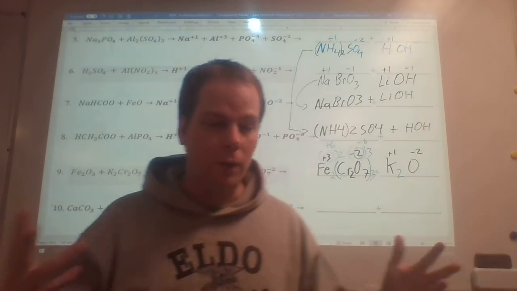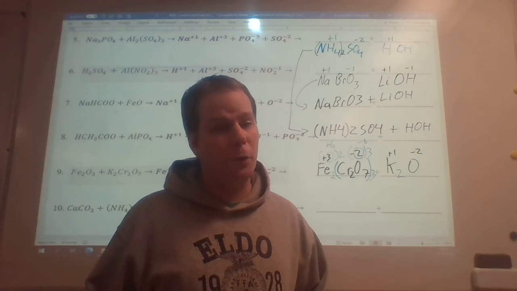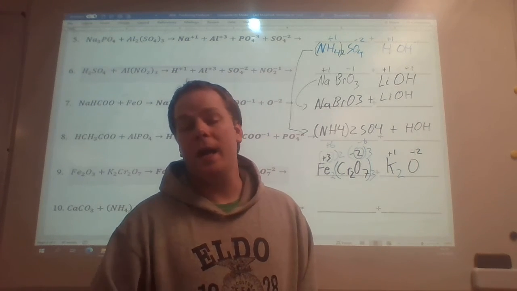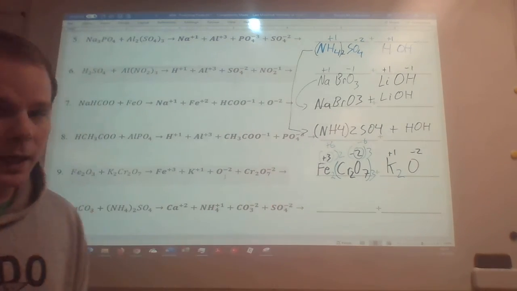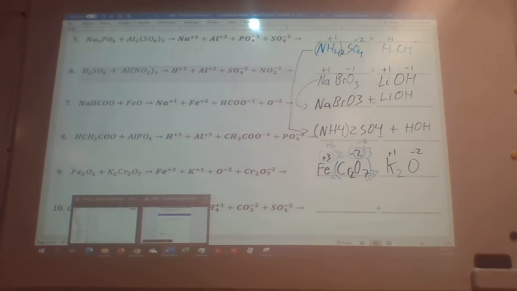So from here, I'm going to let you guys work it out on your own. I've done a quarter of these for you, or with you. Hopefully with you, not for you. The answers are in there. So if we go back here, you're going to have to deal with my chicken scratch on the board.